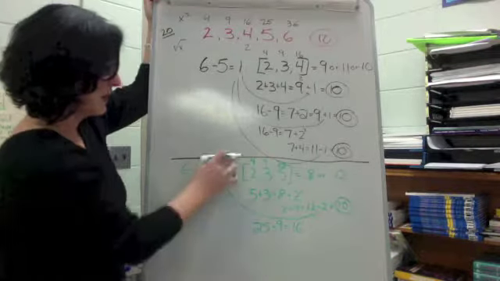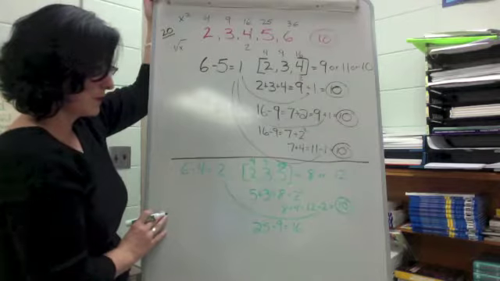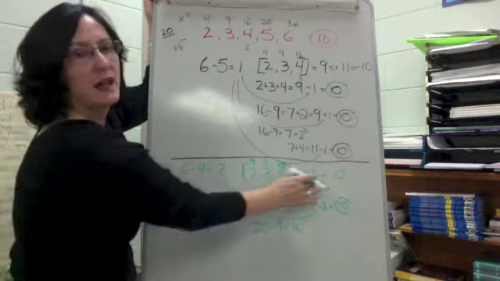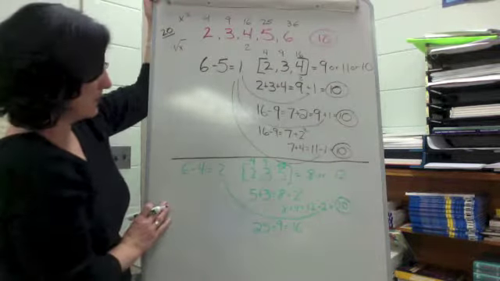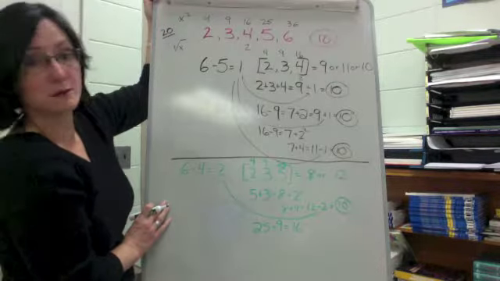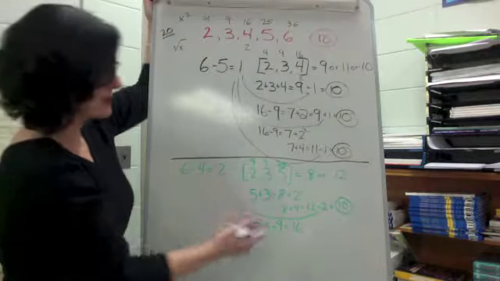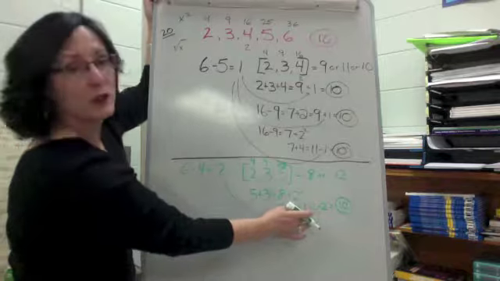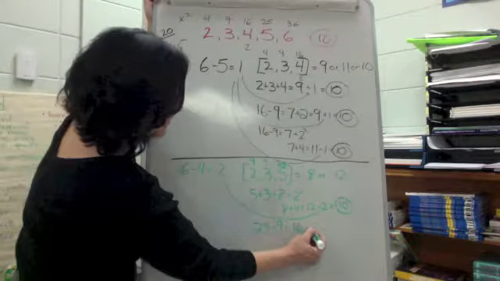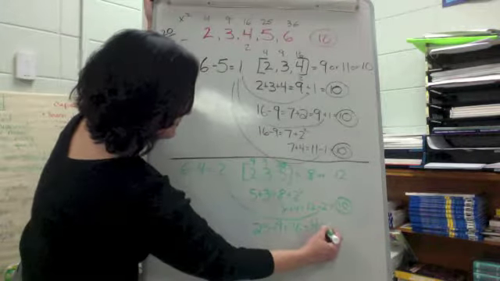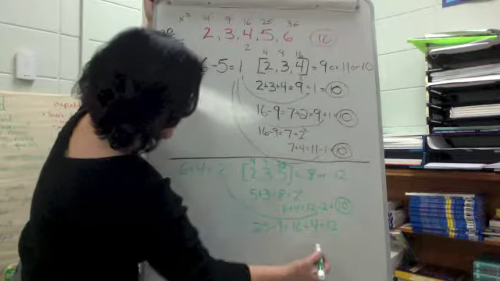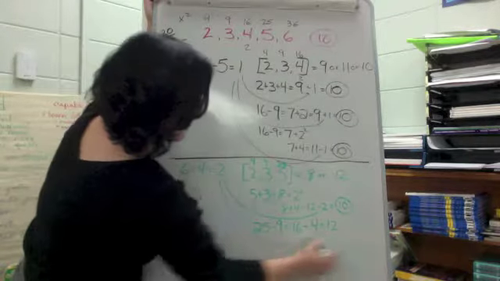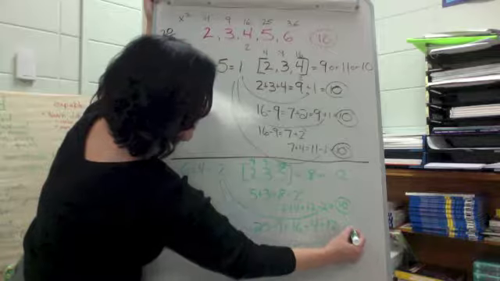And now I have a 2 or a 4. So I want to get an 8 or a 12. Well, there's actually 2 ways we could do this. They could follow it like the one above and subtract 4. That would equal 12. Add or subtract the 2 and I get 10.